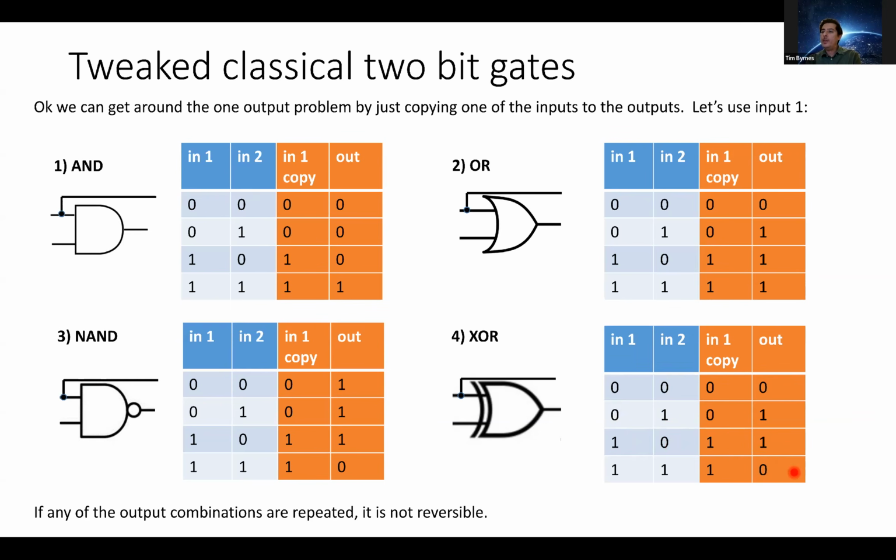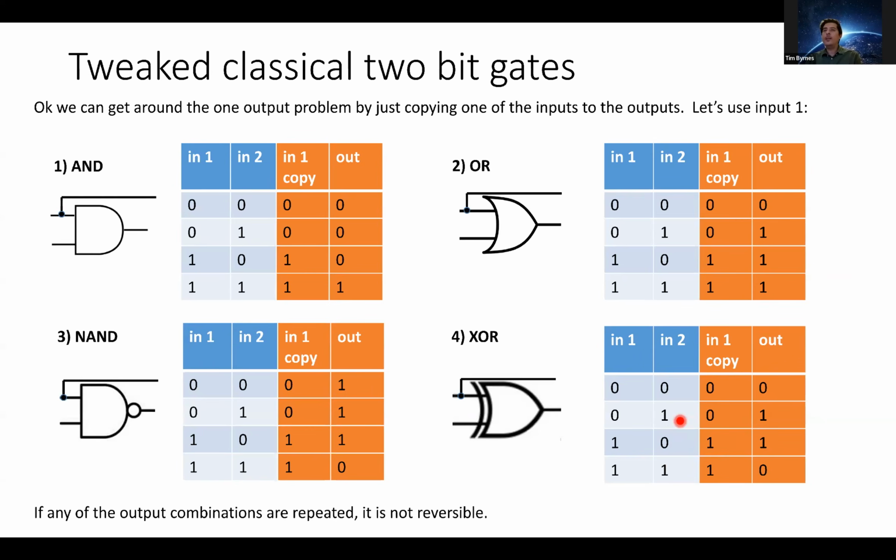And over here, the first one is always going to be the same as this one, right? But these guys are actually kind of flipped. So we can work out what the input is just by looking at the output, because we can just say, for these two combinations, just flip this one, and then we can figure out what input 2 is.